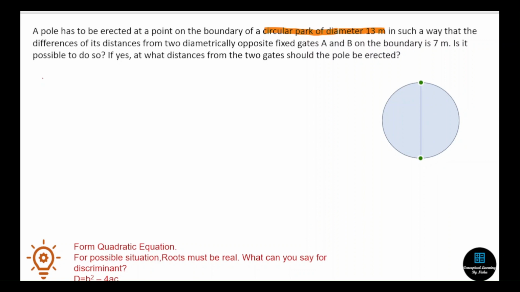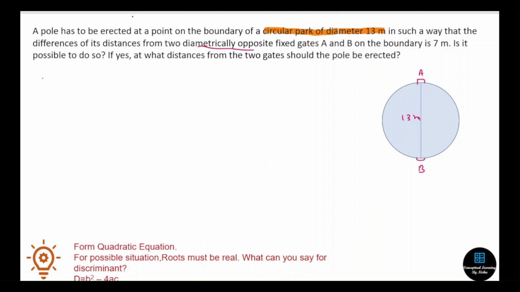So this is the diameter and the value of this is 13 meter. Such a way that the difference of the distances from two diametrically opposite fixed gates. So here there are two gates, I mean the gate A and gate B, which are diametrically opposite.